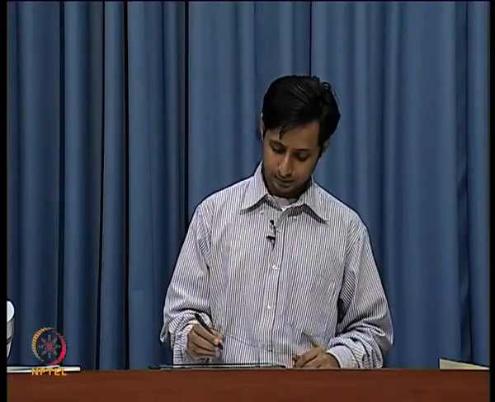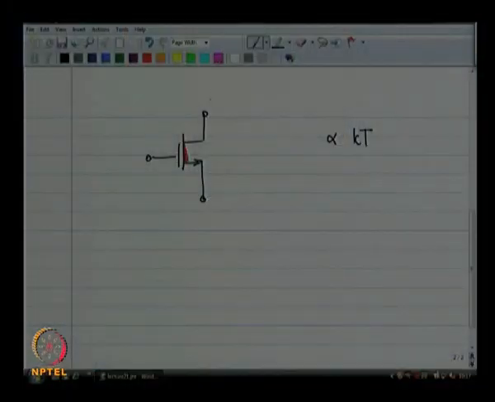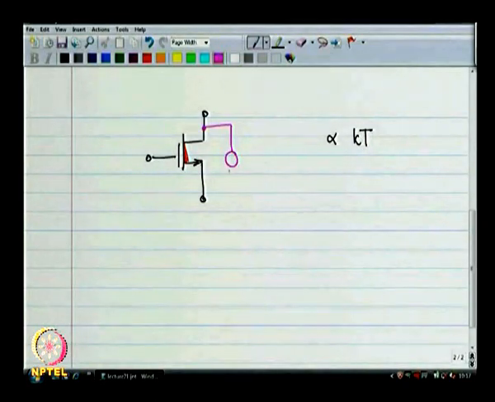So, this particular channel is modeled as the channel in shunt with a noise current source. Remember that the noise current does not really have a direction.